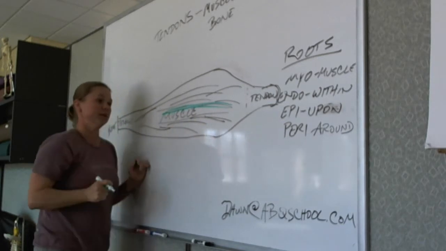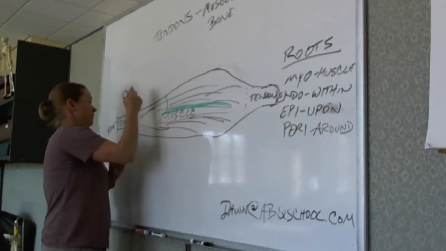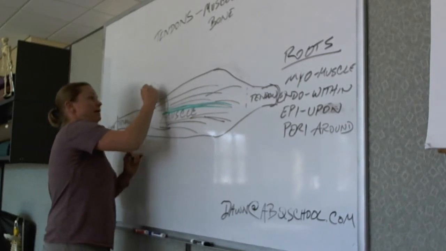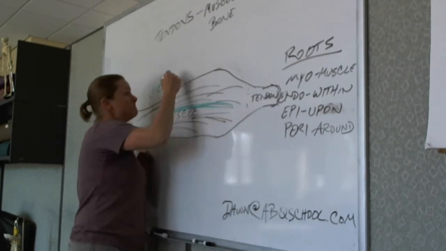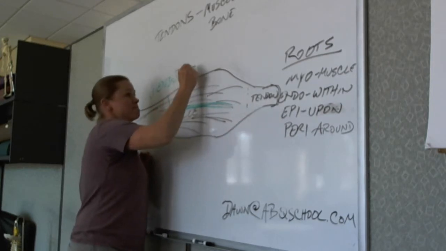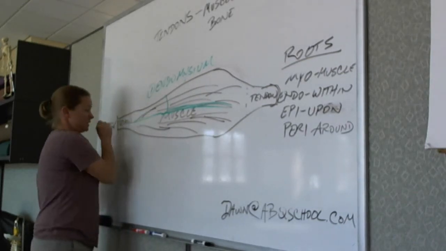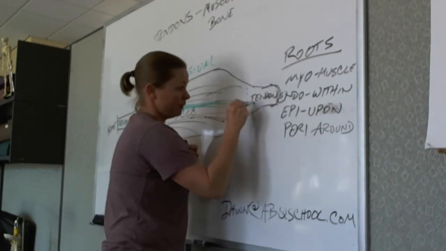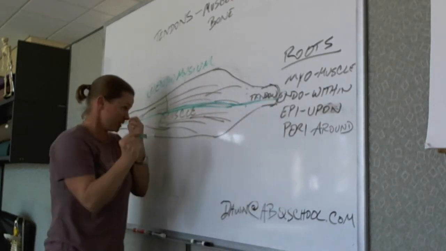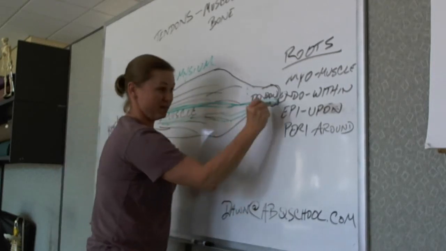We have a small wrapping of each muscle fiber, and we call that the endomysium. All right, so this endomysium is actually going to continue on, and each endomysium is going to wrap each muscle cell.